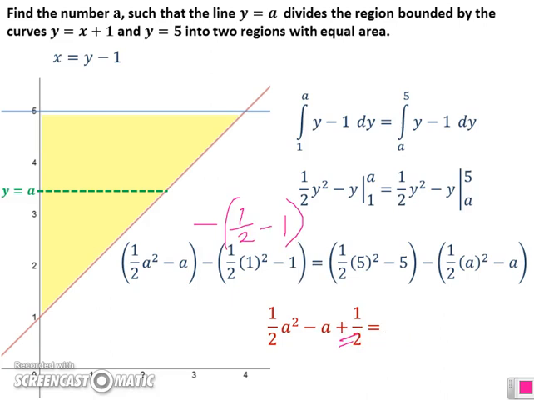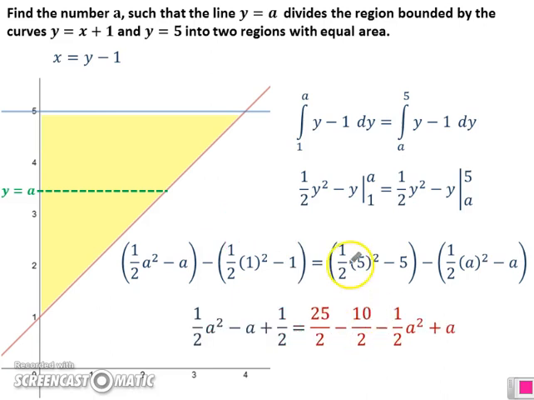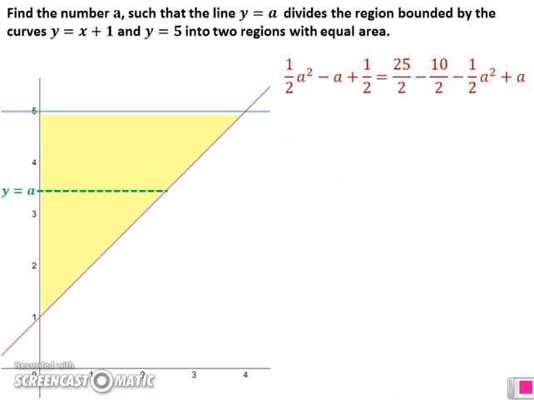And then on the right side, we have 25 over 2 minus 5. I made that 5 a common denominator already. And then minus 1/2 a squared again. And then plus a, we have to distribute that negative sign to both. Okay, so now this is going to be 15 over 2. Oh, sorry, I'm just running out of room. So this is the exact same thing I had a second ago. And this is 15 over 2 right here.